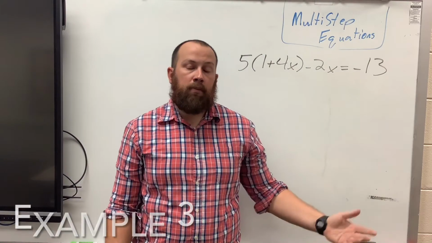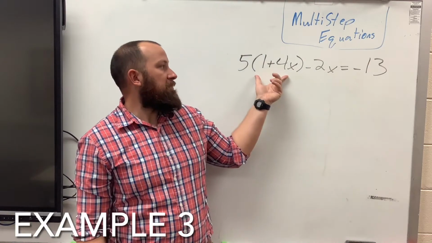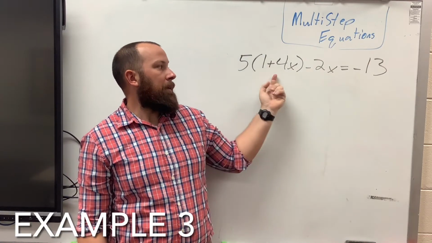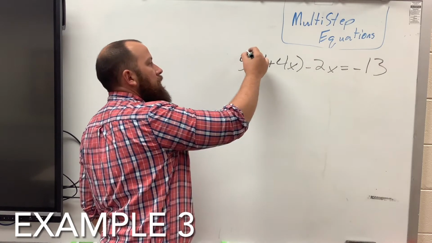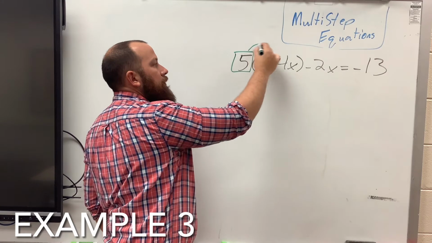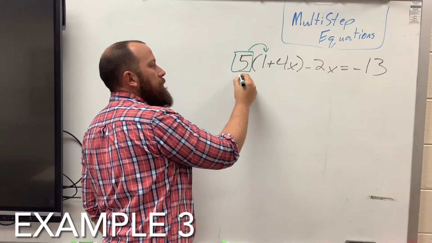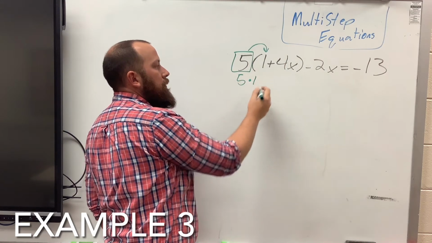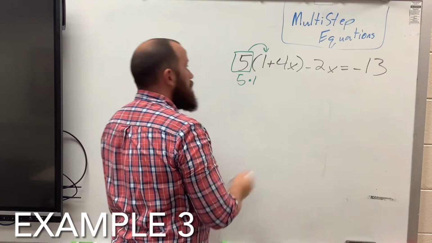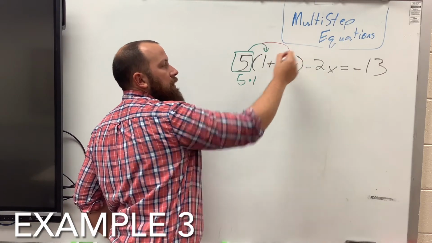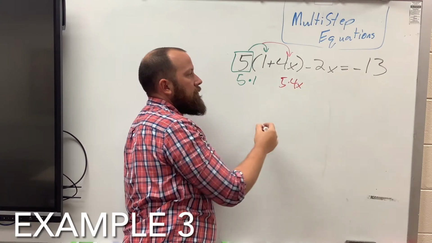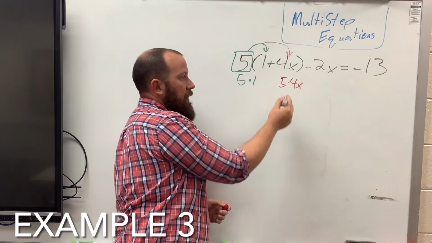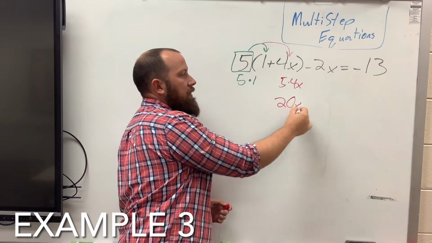All right, now our last problem is a combination of both. It has distributive property, and after I distribute, I'm going to have to combine the like terms on this side. So first thing I do is I take the 5, distribute to the 1. That gives me 5 times 1. Then I take the 5 and I distribute it to the 4. That gives me 5 times 4x. This right here gives me 20x because it's 5 times 4.